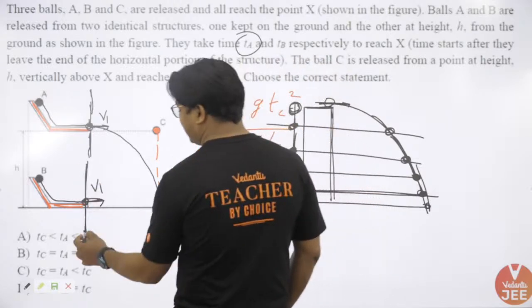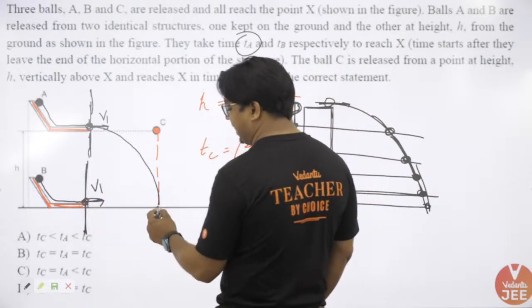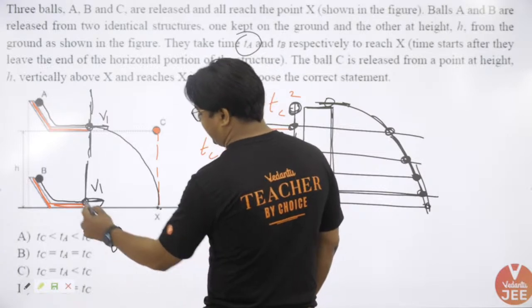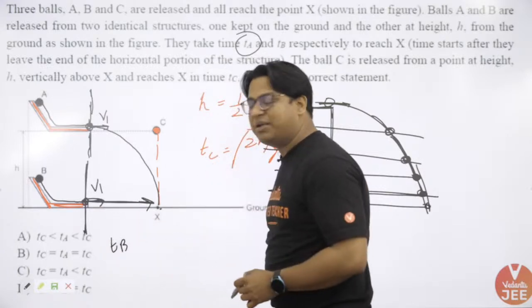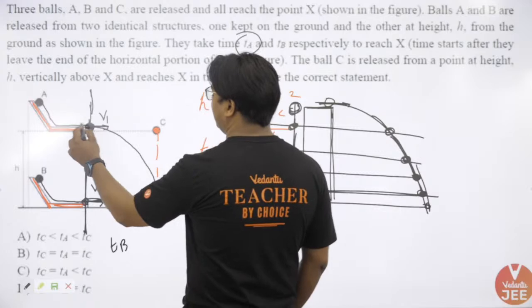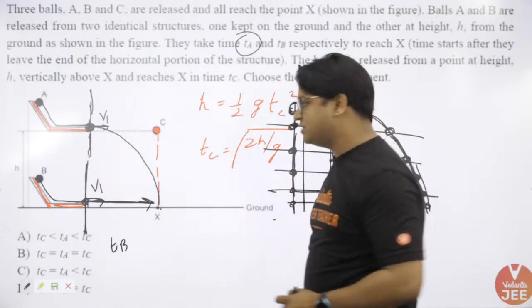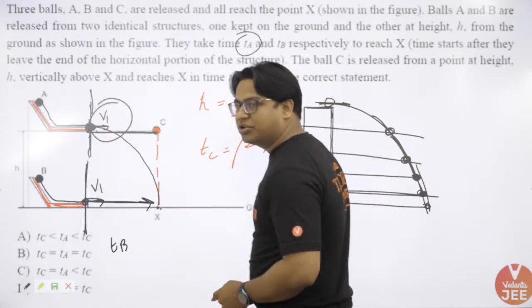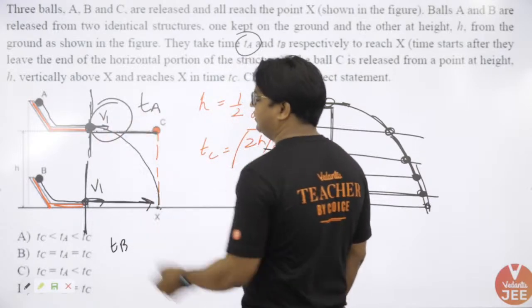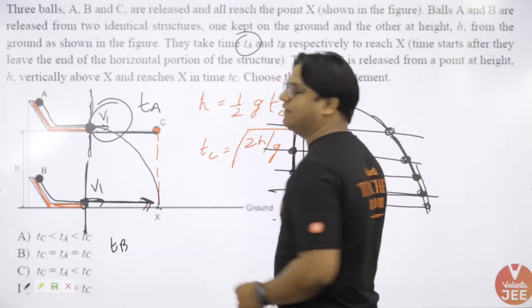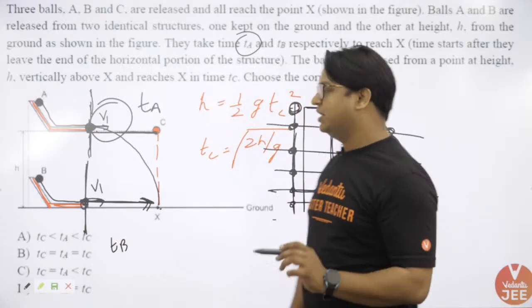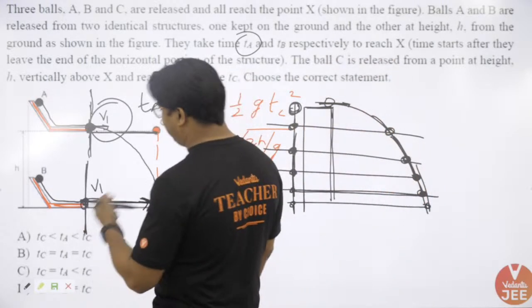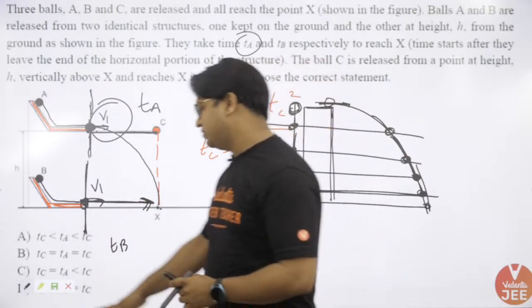Now the time taken by B to reach X, TB, can I say that this is the same time taken by this ball to travel the same horizontal distance? Because ball A has traveled the same horizontal distance with the same horizontal speed in TA time. Therefore, B will also travel the same horizontal distance with the same speed in the same time, and therefore we can claim that TA is equal to TB is equal to TC.